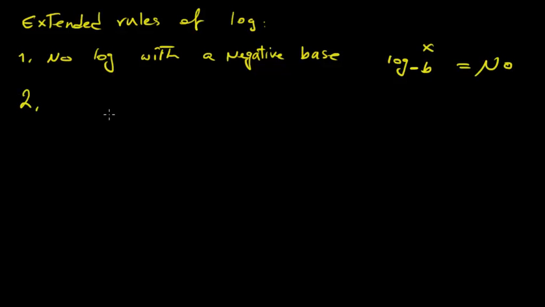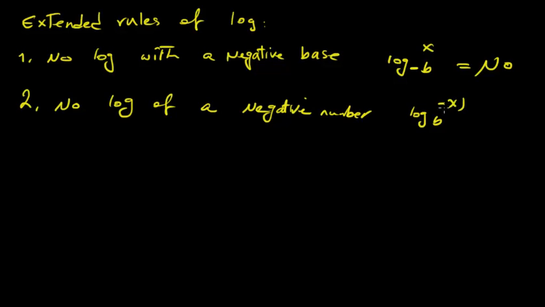Then the log of a negative number also does not exist. So we don't have log b of a negative x. The third one is that we don't have the log of 0. So we don't have log b of 0.